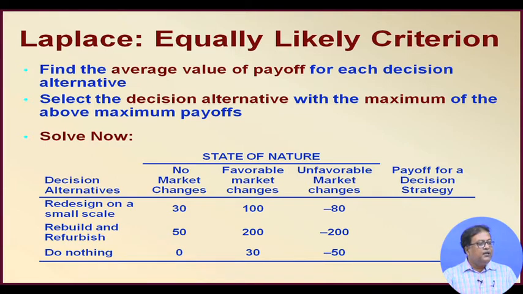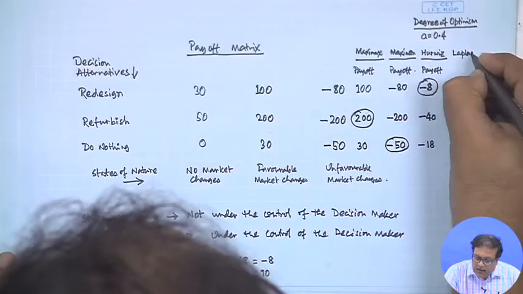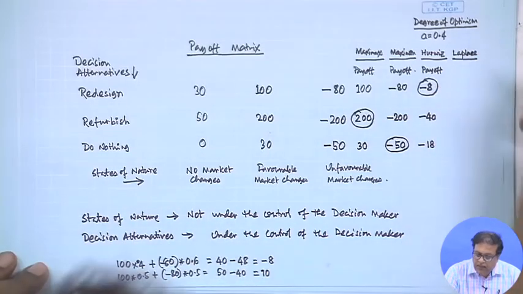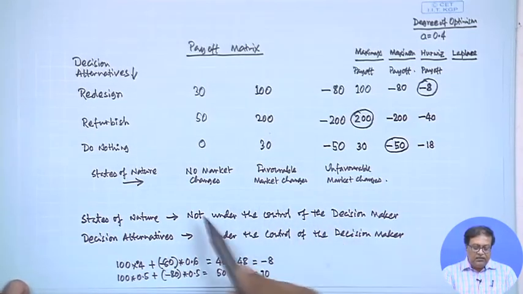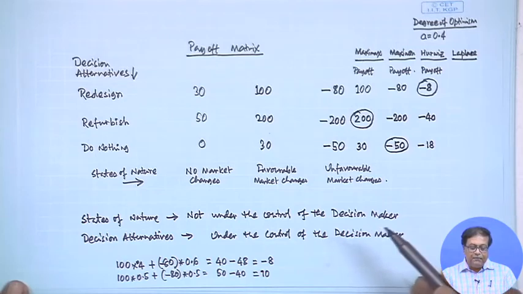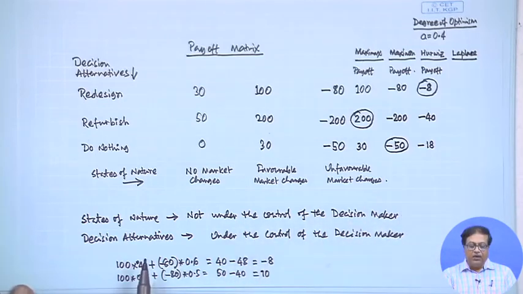The Laplace operator would find the average value of payoff for each decision alternative and select the decision alternative with the maximum of these averages. So basically, the Laplace decision maker would think that there are some probabilities associated with the different states of nature and all these probabilities are equal.